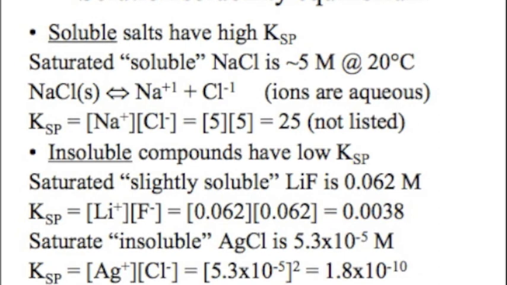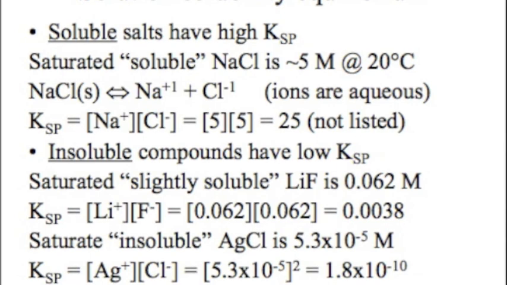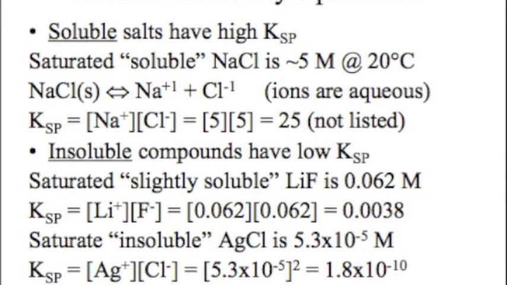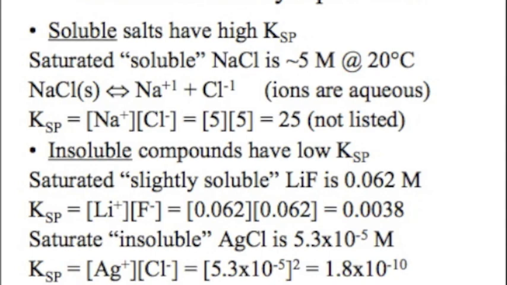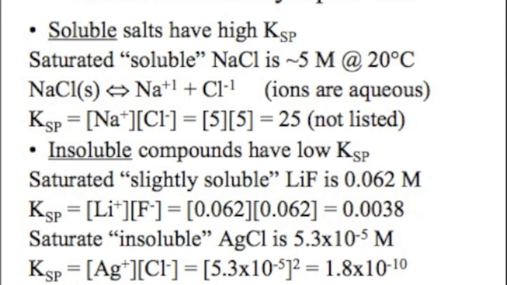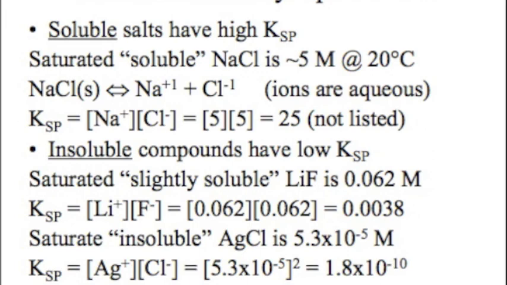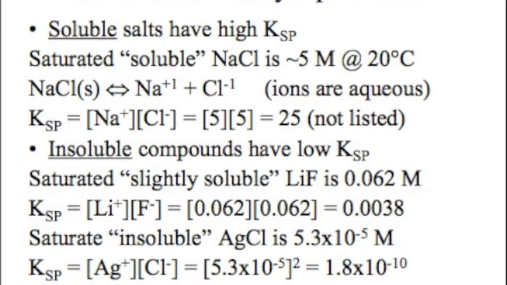Saturated silver chloride has a molarity of 5.3 times 10 to the negative 5 molarity. It's a very tiny, tiny little number. Likewise, we think that means silver chloride forms silver plus chloride. Ksp is silver times chloride. Ksp is this being both the silver and the chloride ions squared together, giving us a 1.8 times 10 to the negative 10.